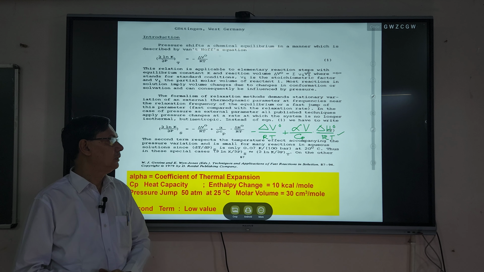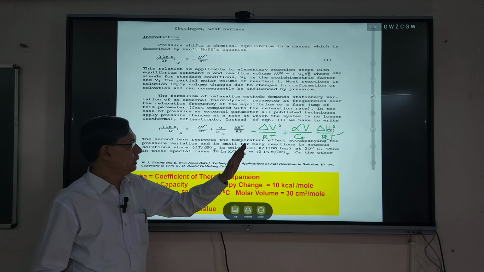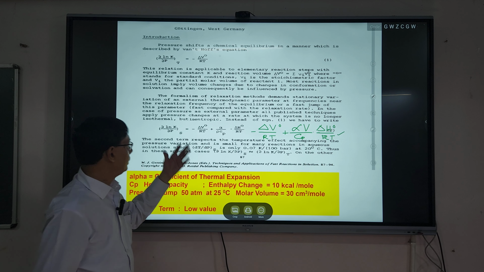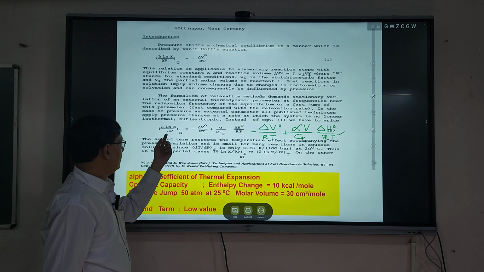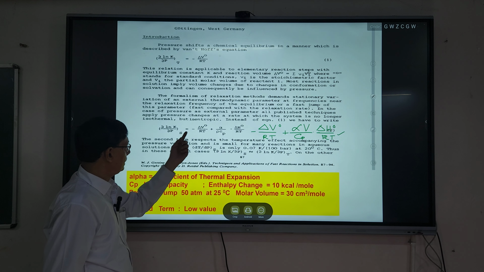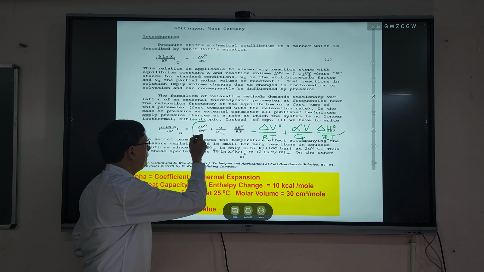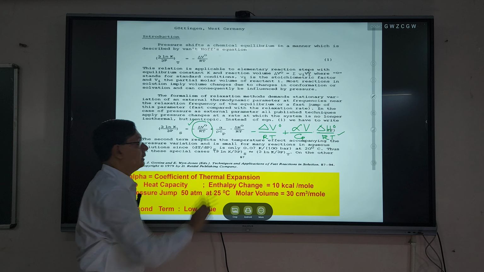So therefore we will discard this part. So what would be the final formula? d by dP, change in pressure, natural log of K at constant temperature, is equal to only this, delta V0 by RT. Isn't it?